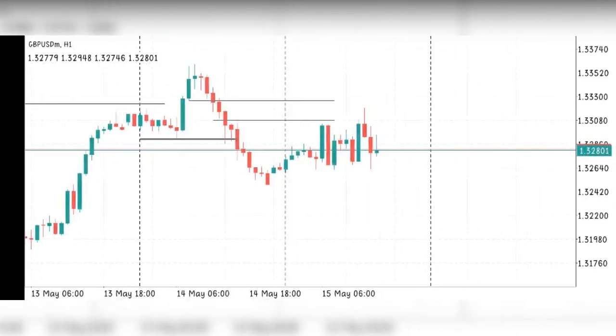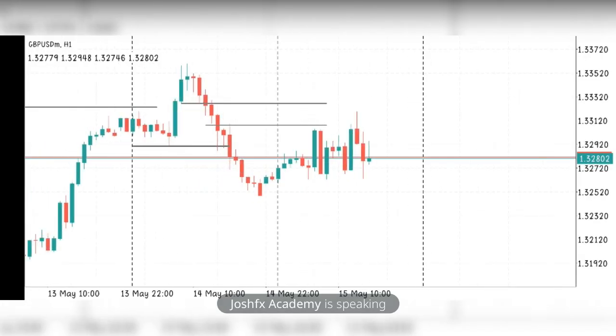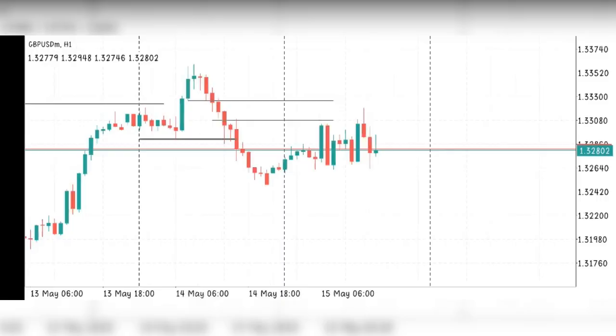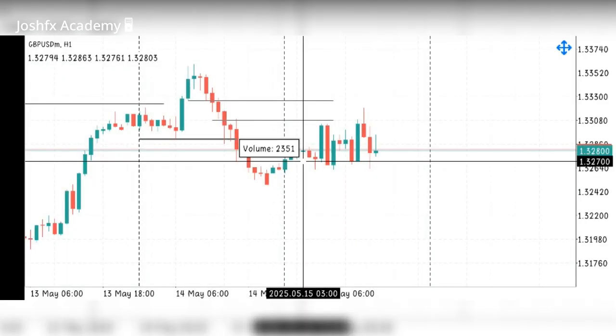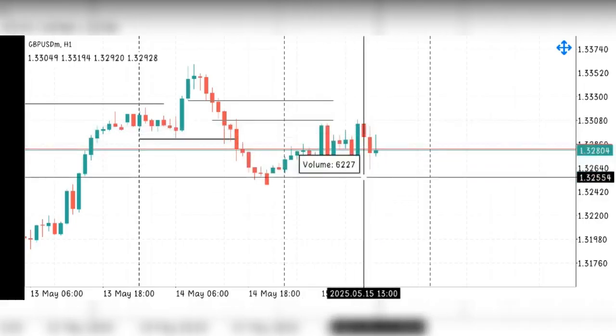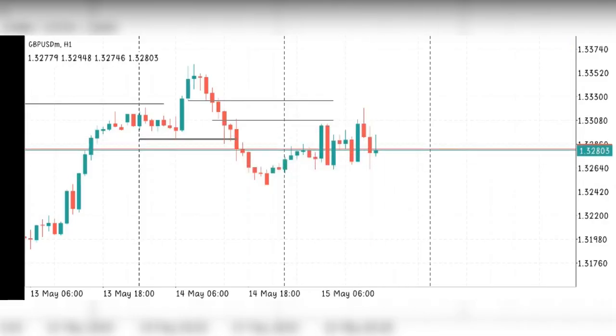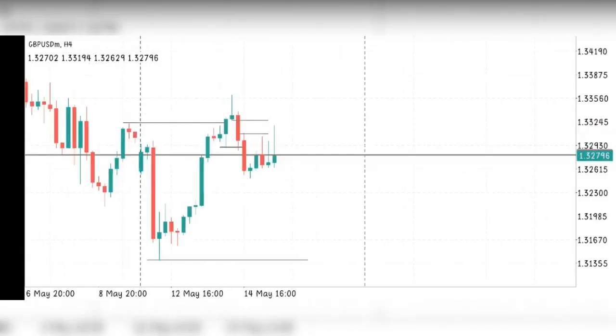We had this market, and one thing about it is that we are yet to see a clear break of structure here. It's looking like a range, but we will accurately wait. When there's a break of structure, then we mark it and look for what we can do around it.